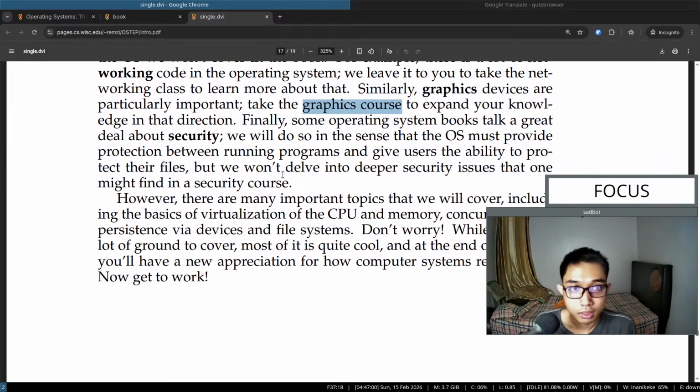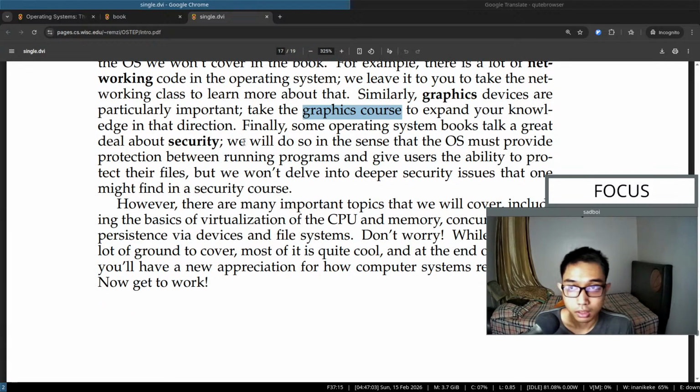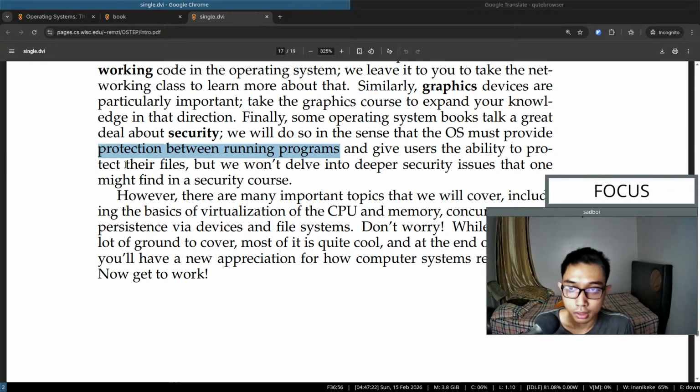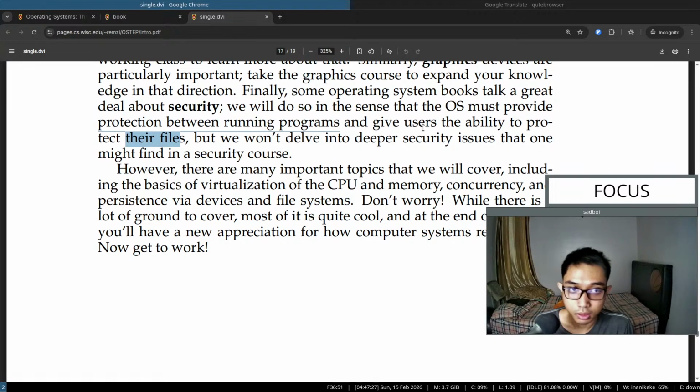Finally, some operating system books talk a great deal about security. We will do so in the sense that the operating system must provide protection between running programs and give users the ability to protect their files. But we won't delve into deeper security issues that one might find in a security course.